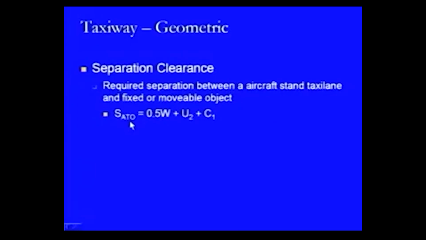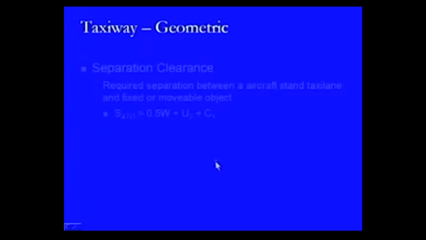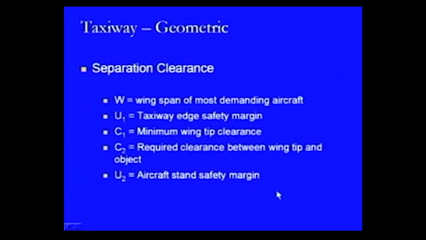In that case, it is given by 0.5 W plus U2 plus C1. Whatever abbreviations have been used are: W is the wing span of the most demanding aircraft, U1 is the taxiway edge safety margin, C1 is the minimum wing tip clearance, C2 is the required clearance between wing tip and object, and U2 is the aircraft stand safety margin.